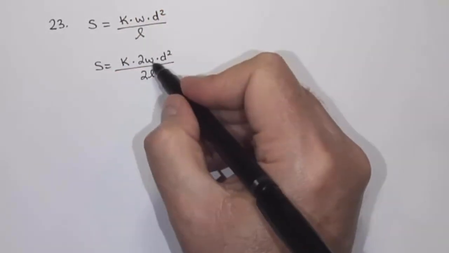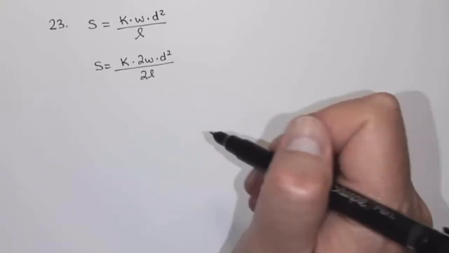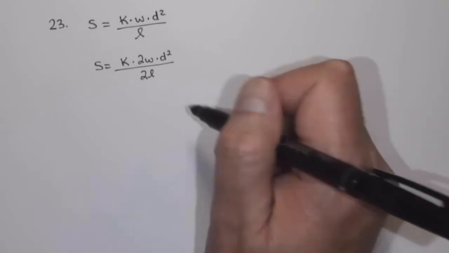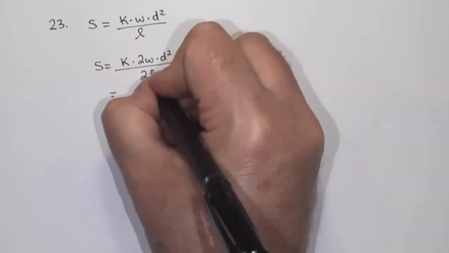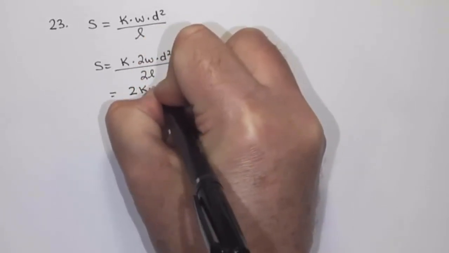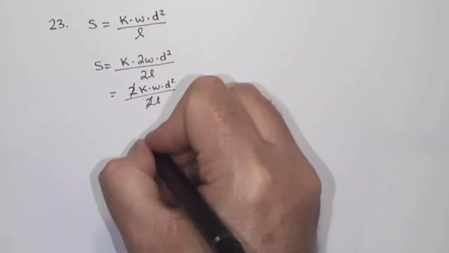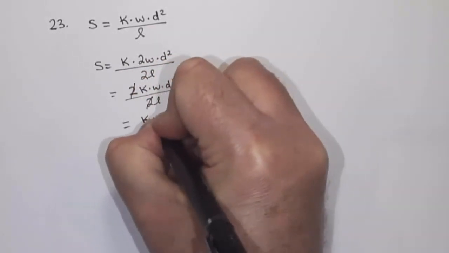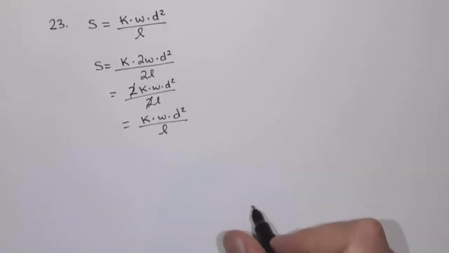So we have doubled both the width and the length. And the question is, what would be the effect on the strength? Well, if we take a look at this, K times 2W times D squared over 2L would be 2K times W times D squared over 2L. And the 2's would just divide out, so I have K times W times D squared over L.